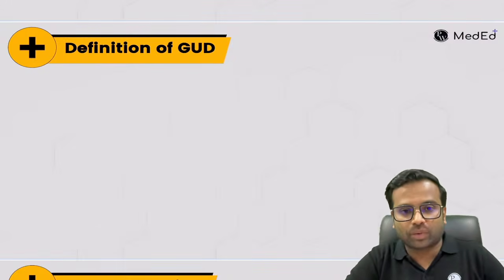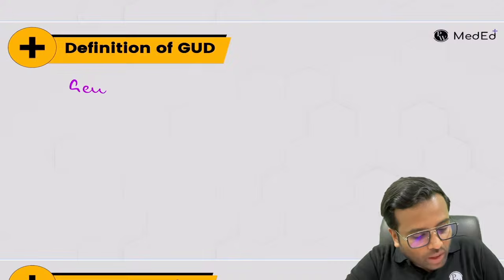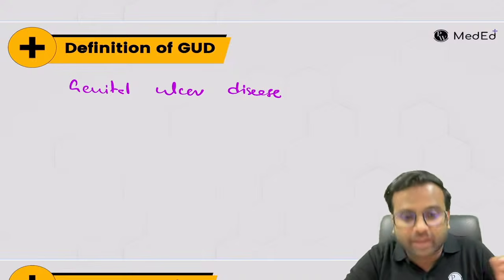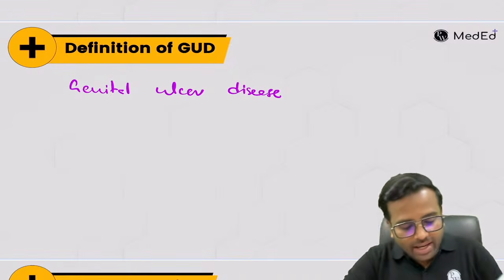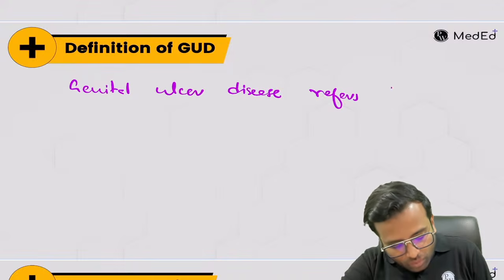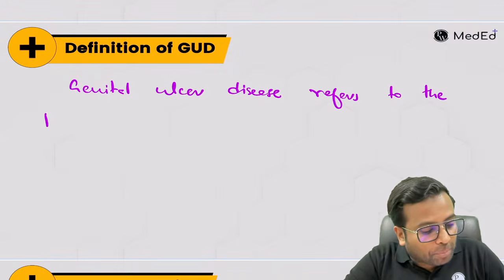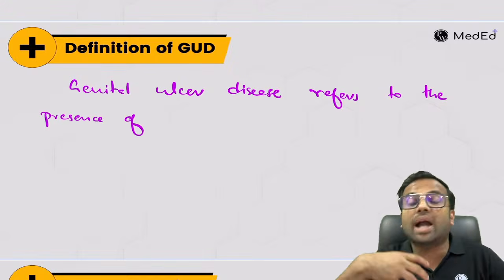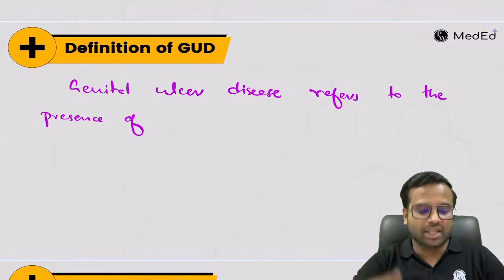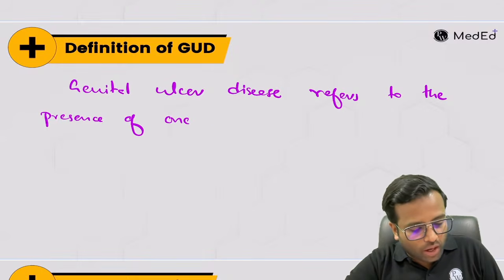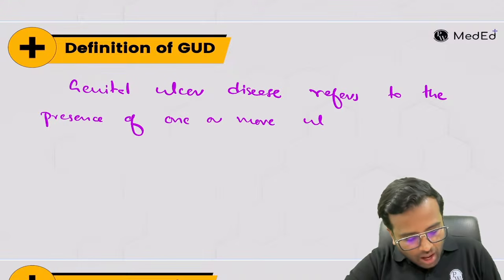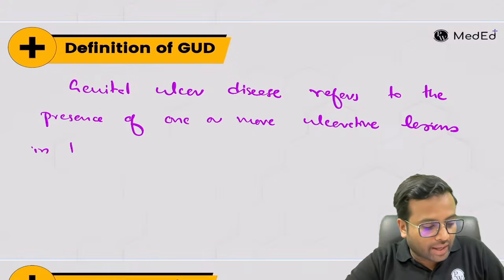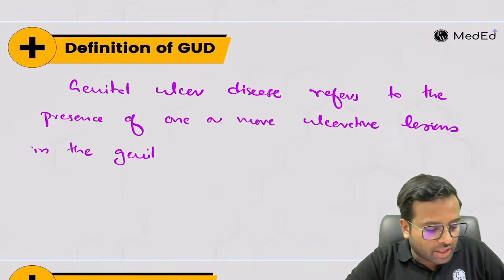So in the definition, we will write about genital ulcer disease. What is a genital ulcer disease? It refers to the presence of one or more ulcerative lesions in the genitalia.